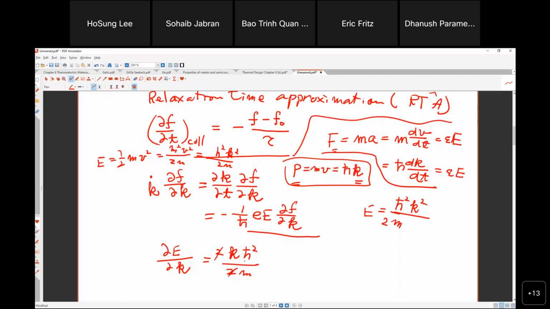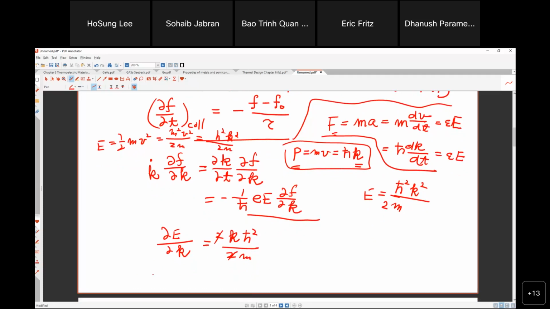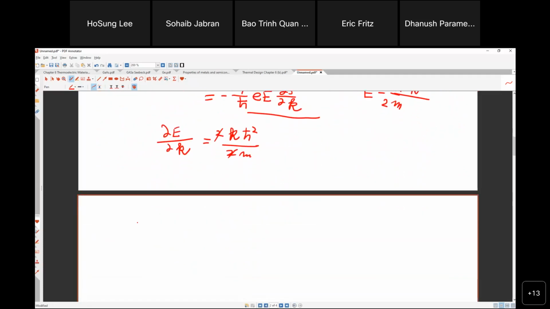So finally, I think you did some homework, but dF/dk is minus electron charge. I'm going to distinguish.